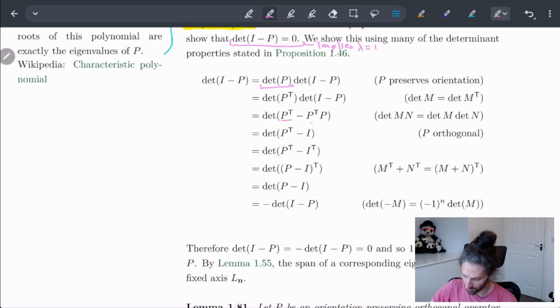And so we have P transpose, P transpose minus P. So here we multiply them together. Now this P transpose P part is equal to I, giving me I. And this is because P is orthogonal, right? I is equal to its own transpose, so I can flip this around.